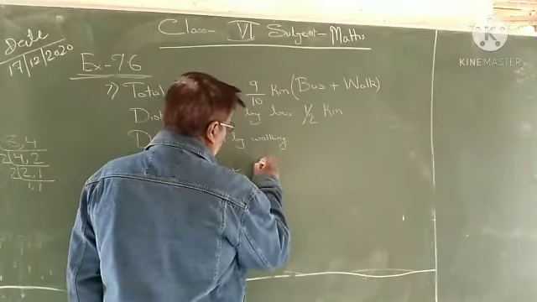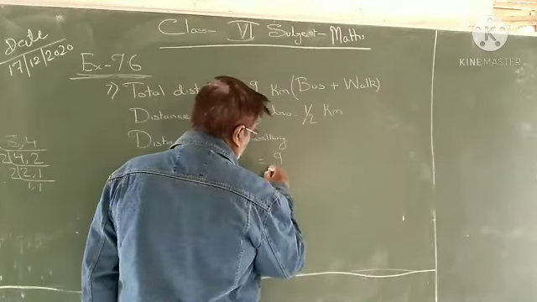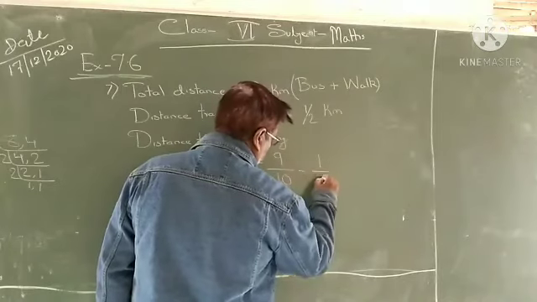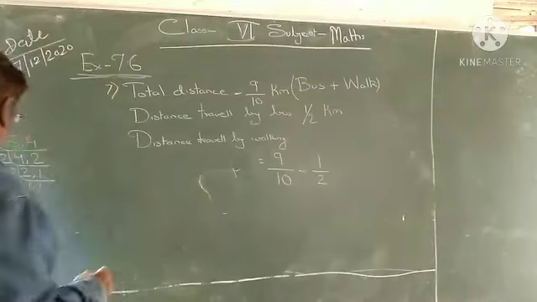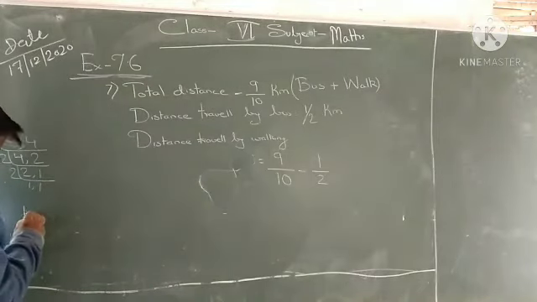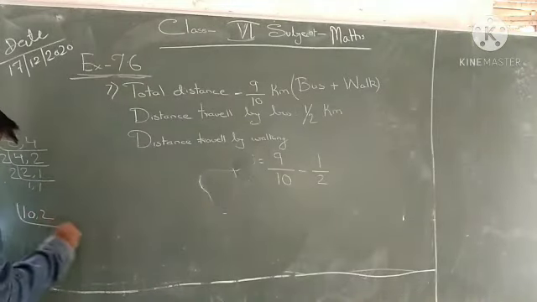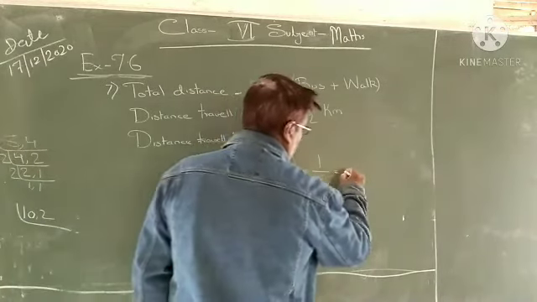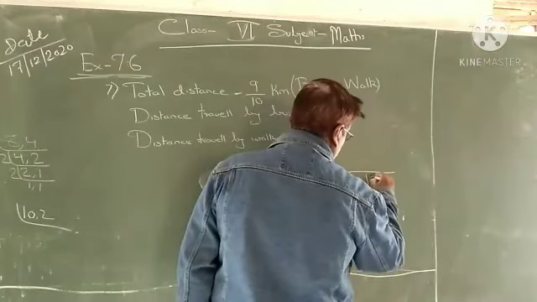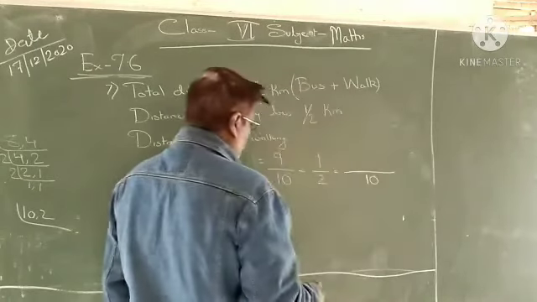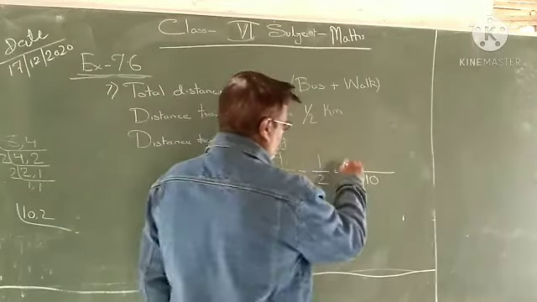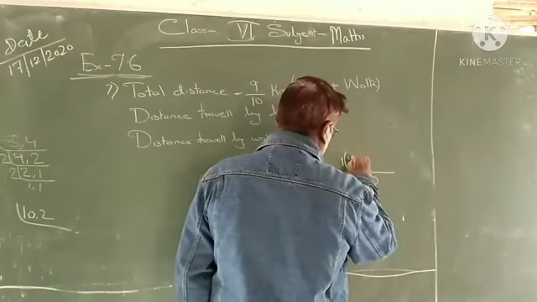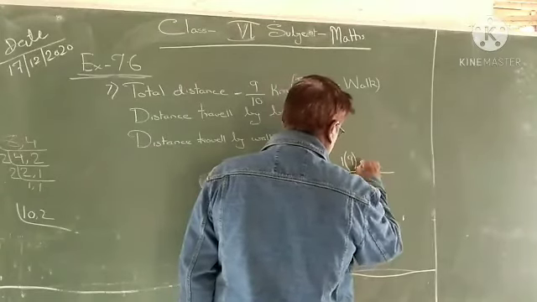So we write 9 by 10 minus 1 by 2. The LCM of 10 and 2 is 10. 10 comes 1 time in 10, so 1 into 9.